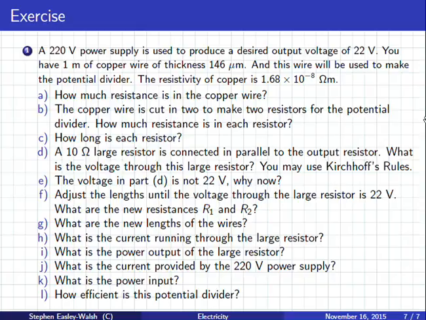So if you want to make a small voltage, you make the R2 very small. If you want a voltage that's only a little smaller, like 220 to 200, then the R2 should be nearly the same as the R1. So usually the R2 can be changed. In my example here, I would need to change it a little bit because I have 21.6.